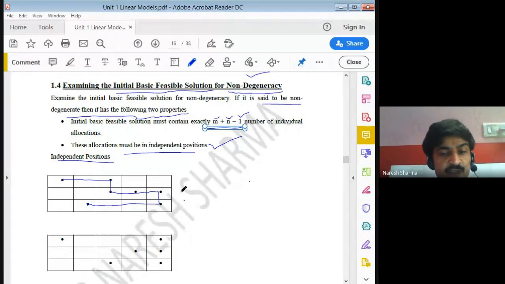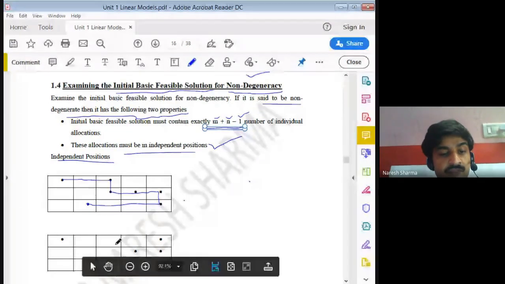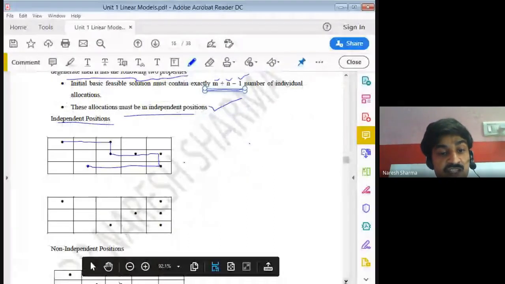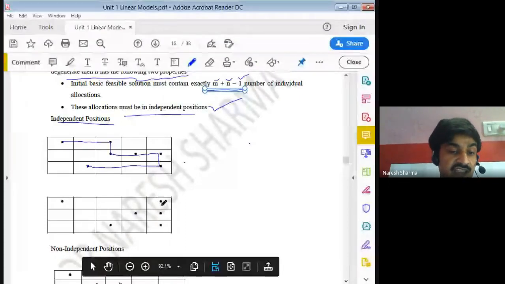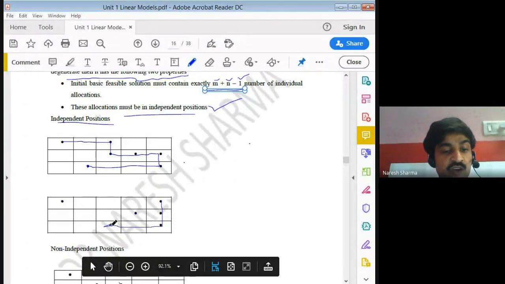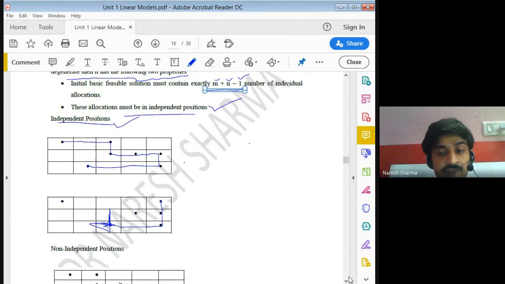Like in the next example, you can start with any point, it is totally your choice. If I start here and go there, there is no point on the right side or this side where we can join. So this is also an open circuit, no closed circuit, so it is an independent position.